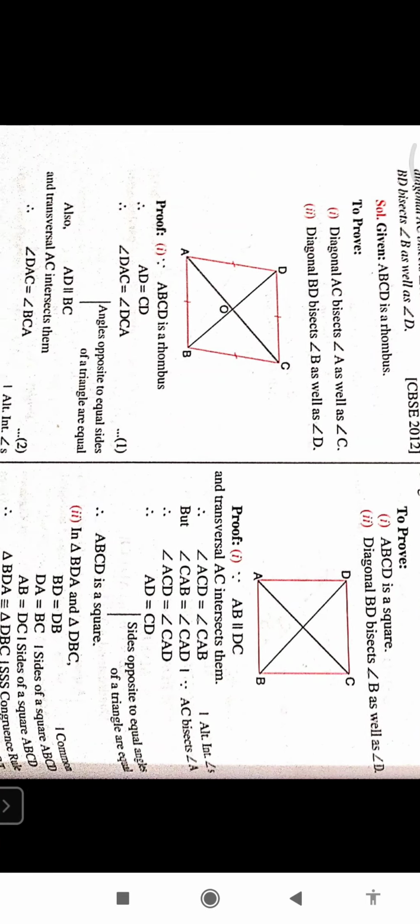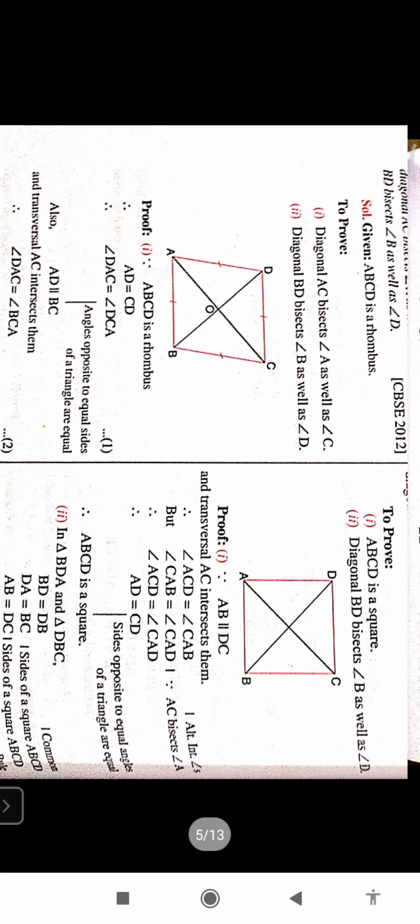This is the only difference. Now solution. Given ABCD is a rhombus. To prove: diagonal AC bisects angle A as well as angle C. Second result, diagonal BD bisects angle B as well as angle D. Both the results we have to prove.